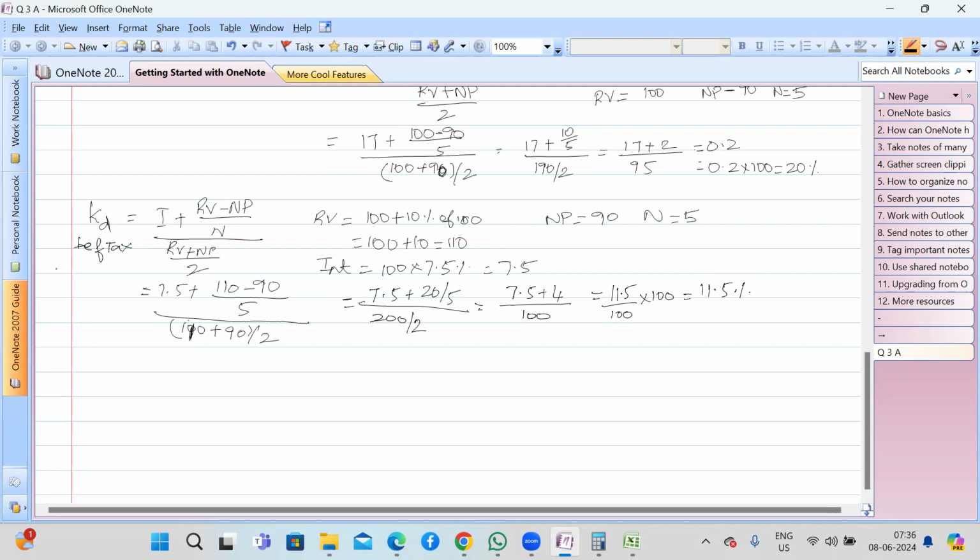So what we need to calculate here is KD after tax, right? So the formula here is KD into (1 minus T). The tax rate here is 0.2, right?